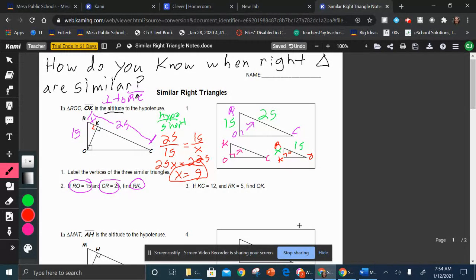For this one, it says if KC, which is right here, is 12, and RK is 5. So RK is 5.